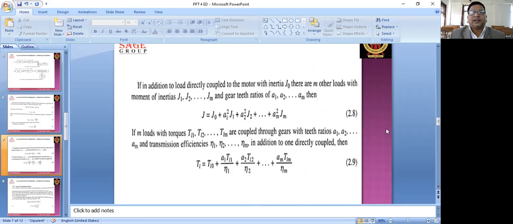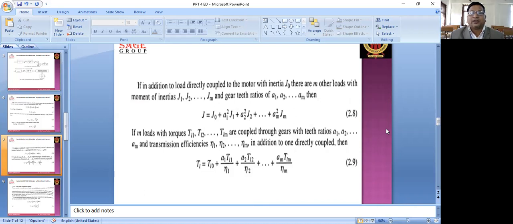If, in addition to the load directly coupled to the motor with inertia J0, there are m loads with moments of inertia J1, J2, up to Jm and gear teeth ratios A1, A2, up to Am, then the total moment of inertia J is equal to J0 plus A1 square J1 plus A2 square J2 plus up to Am square Jm.